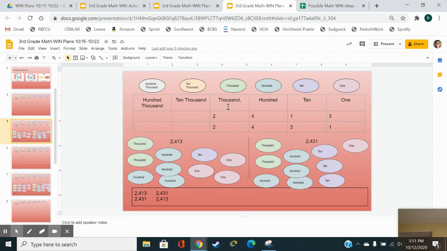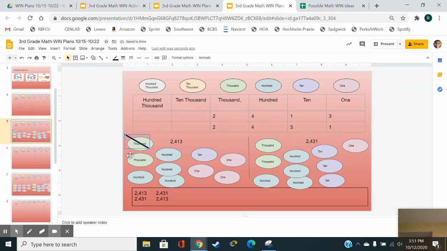And for this example, that is going to be my thousands place. So I'm going to get a line, and I'm going to cross off the ones that are the same. So I have 2,000 and 2,000. So I'm going to cross off this 1,000, and I'm going to make it nice and dark so we can actually see it.